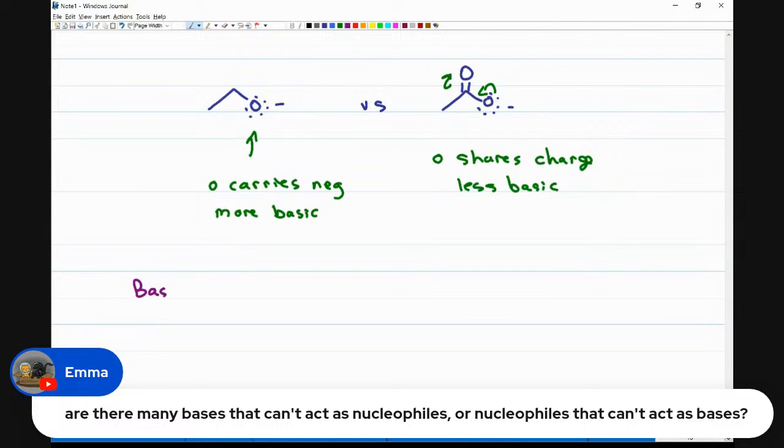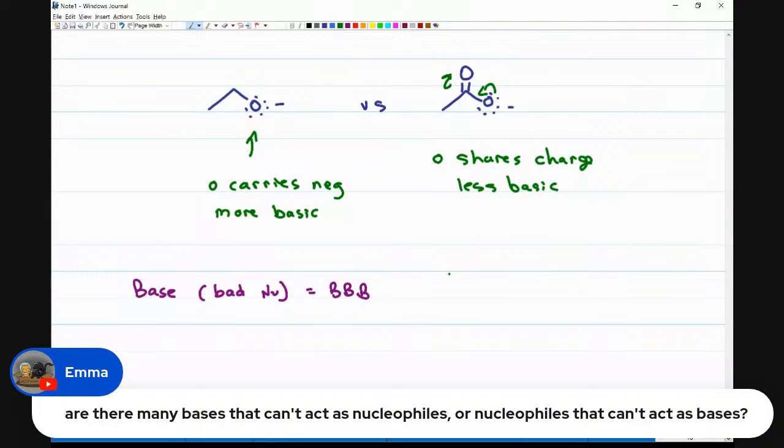An example of a base that is going to be a bad nucleophile, because sometimes it can be a nucleophile, is going to be the triple B: big bulky base. If something is a big bulky base, it's not able to get into the carbon to attack, and that makes it a weak nucleophile. Not that it's inherently a weak nucleophile, it's just too bulky and therefore can't reach.